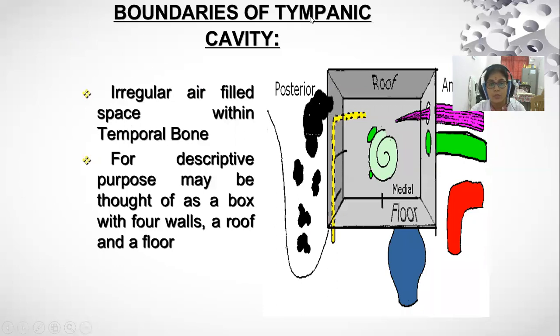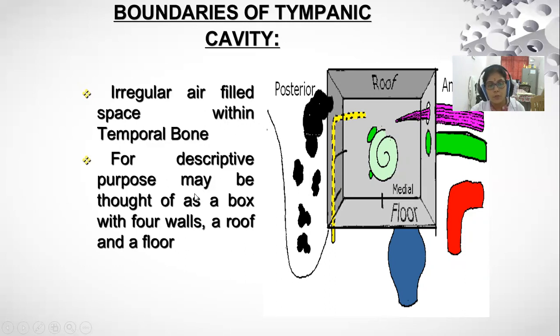So coming to the boundaries of the tympanic cavity. It is compared to a matchbox, with roof and floor and 4 walls. It's an irregular air-filled space within the temporal bone.